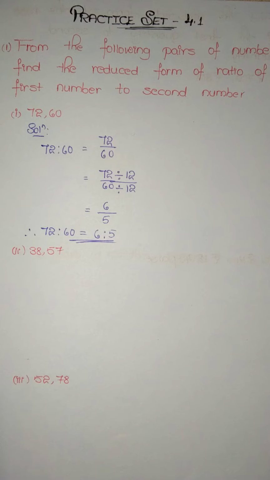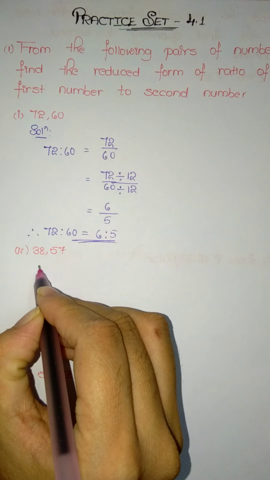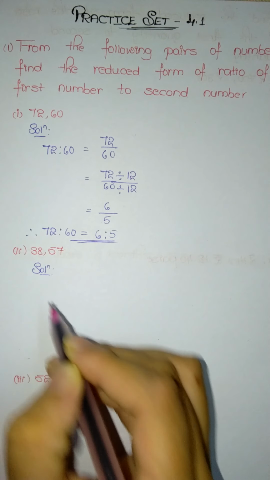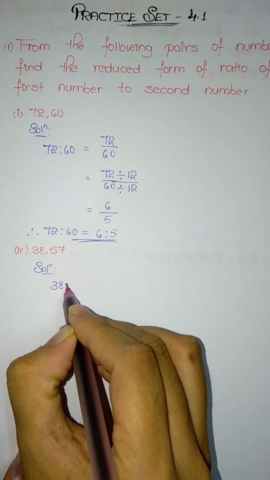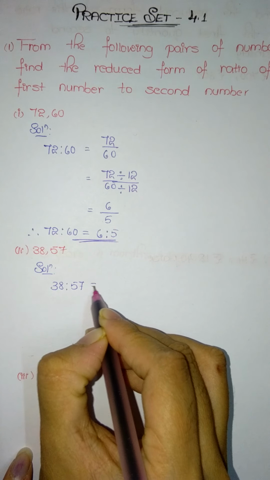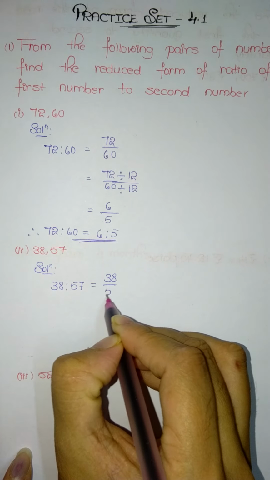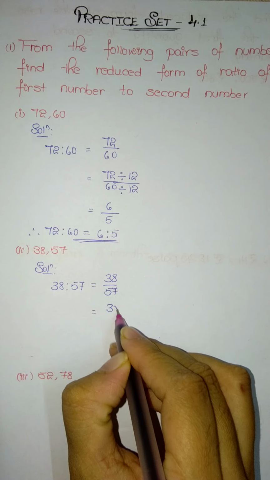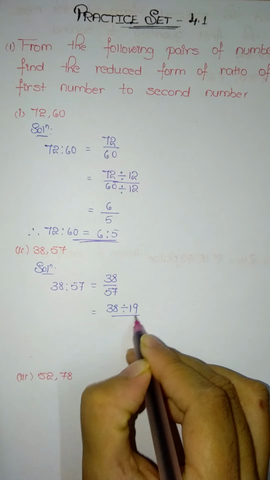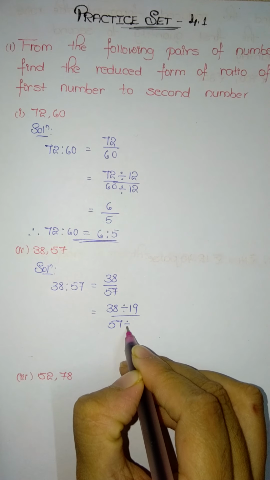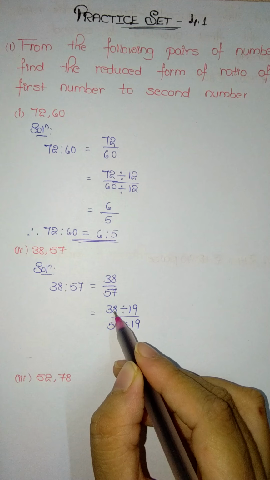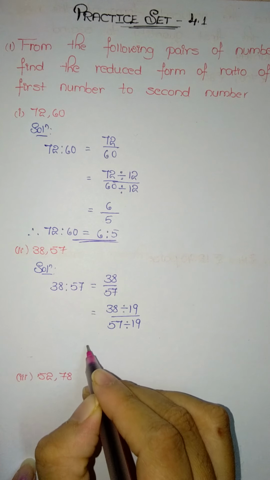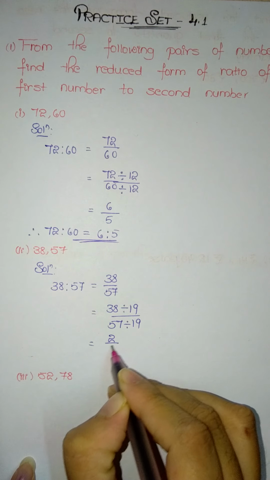Second question, 38 comma 57. Same as the first question, write it in the form of a ratio. 38 to 57, or we can write it as 38 by 57. Both numbers can be divided by 19, as both are in the table of 19. So we can write it as 38 by 19 and 57 by 19. 19 twos are 38, 19 threes are 57. So the answer is 2 by 3.